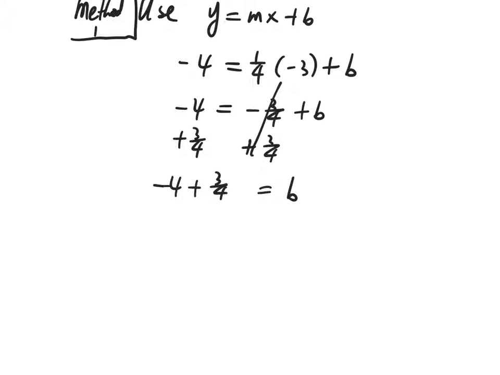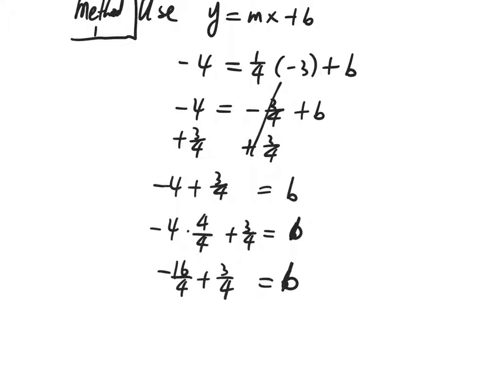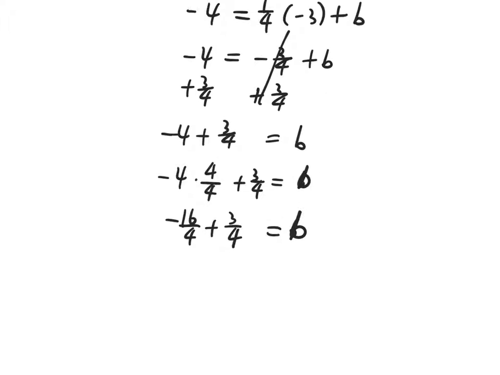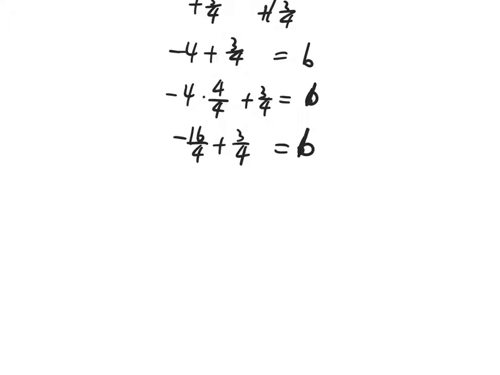Well, find the common denominator. So -4 is -4 times 4/4. 4 is my common denominator, right? So it'll be -16/4 plus 3/4, which gives b. Okay, so do simple math. That's your b.